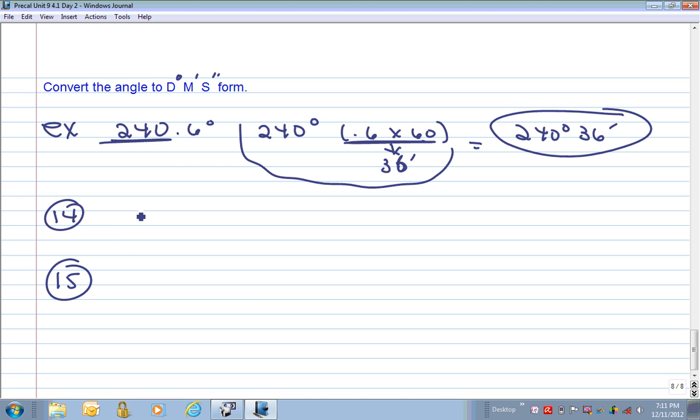So we're going to try 0.8 degrees, and then 2.5 degrees. Do those, and we'll keep going tomorrow in Unit Circle.